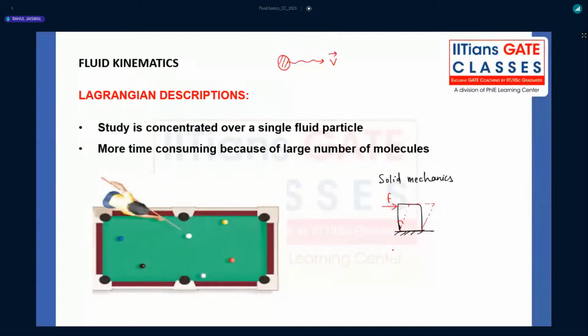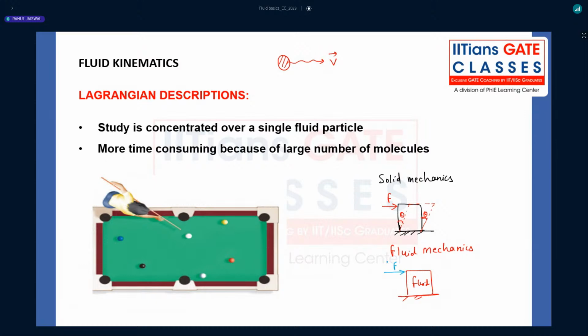But if you come to fluid mechanics, this deformation I'm talking about is a fixed one. In the fluid, let's suppose the same object you are taking, but now it is a fluid. Even if you apply a little bit of force, something like this, we call it shear force.